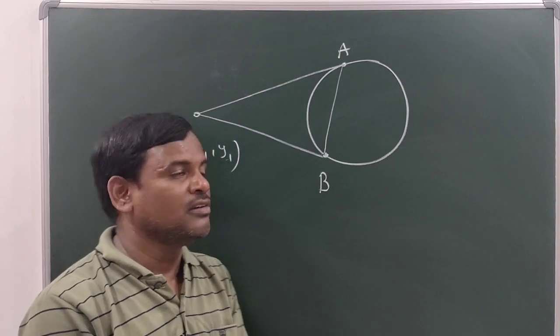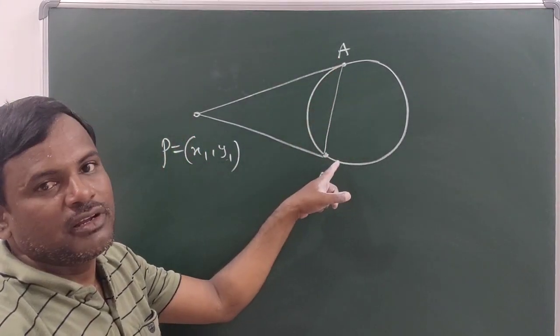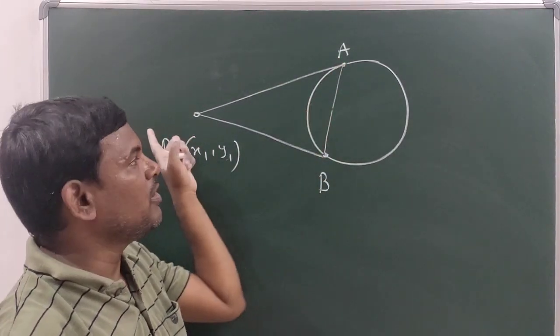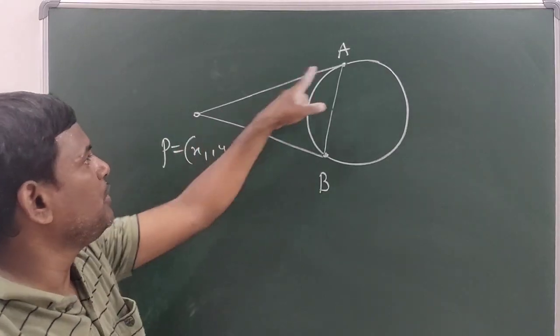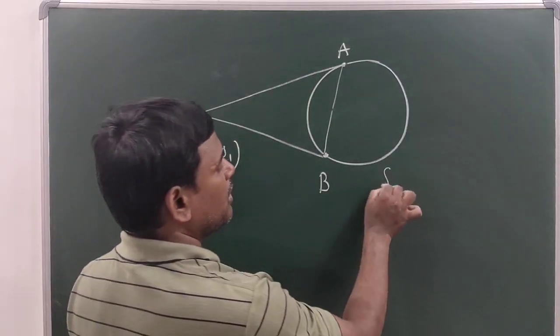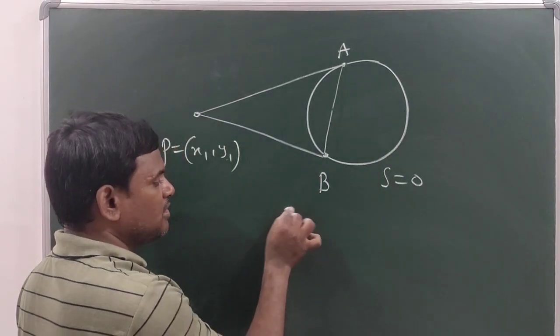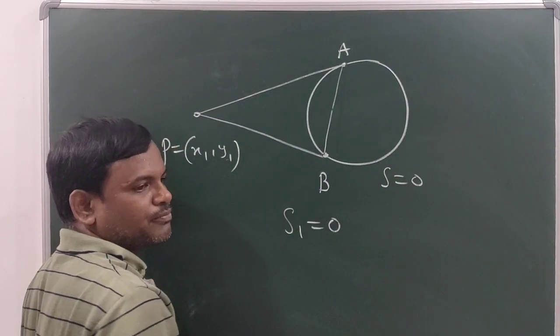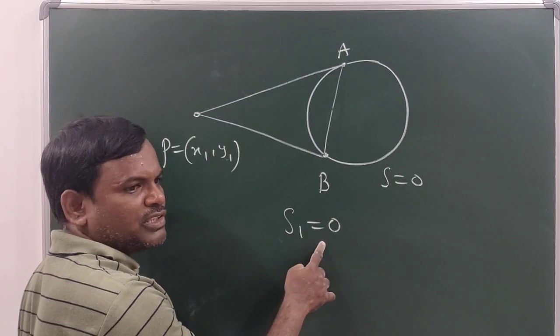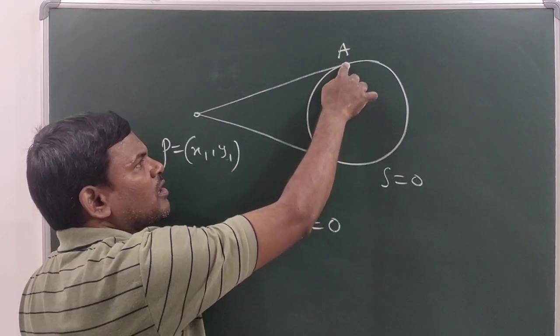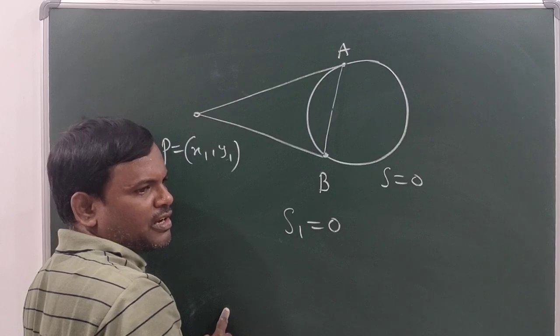It is a chord which is formed by joining the points of contact of tangents drawn from P to this circle. So suppose if you want this chord of contact equation, that is S1 is equal to 0. S1 equal to 0 is the equation of this chord of contact.